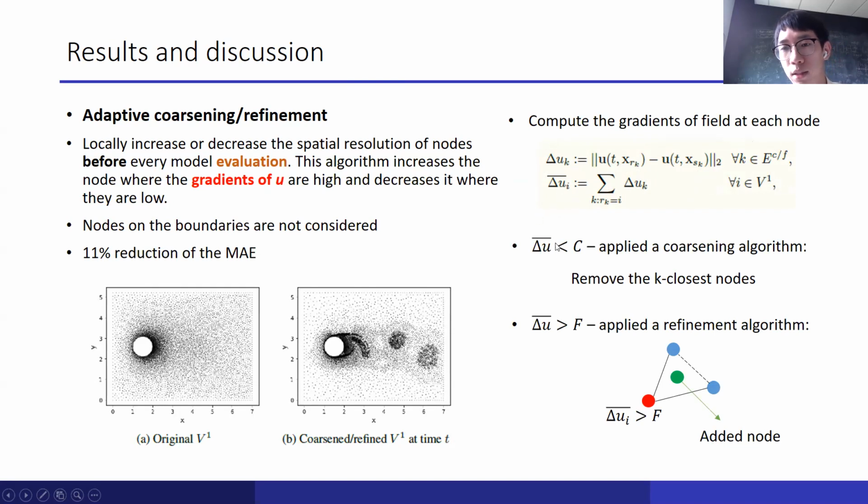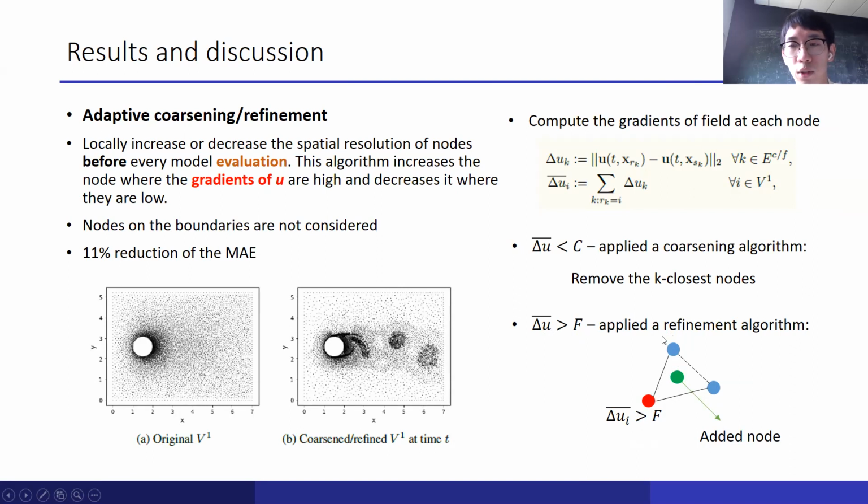And if the gradient is lower than a constant, we need to remove the k closest nodes for this node. And if the gradient is higher than another constant, for example, this node colored in red, we first triangulate this node with the neighbors, and then add a node in the center of this triangle.